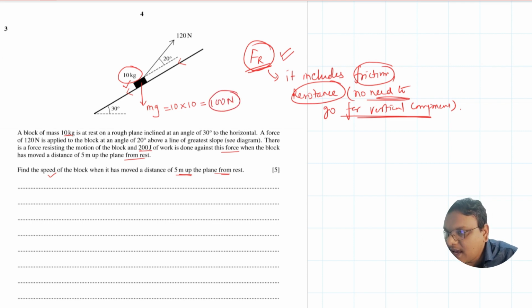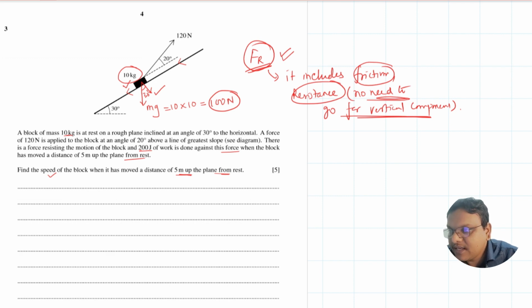And one more component is like this, and this angle will be 30 degree. So basically we don't bother about the vertical component, we'll take care of the horizontal component, obviously.